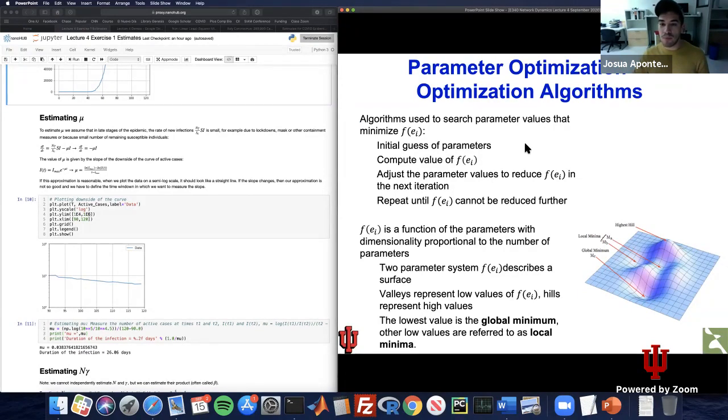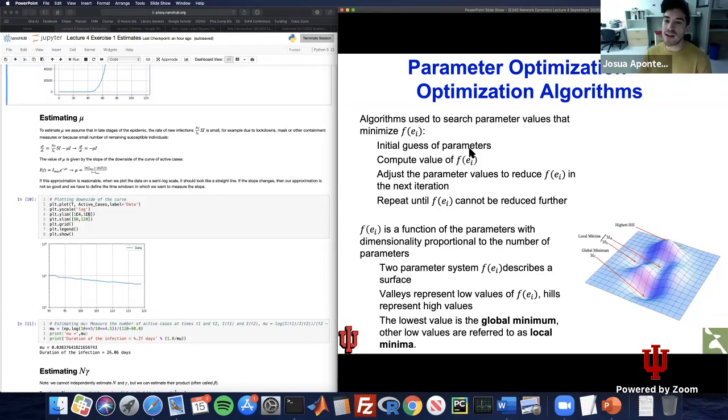So the way the optimization algorithm works is that you start with an initial guess of those parameters, and then it computes that objective function, the value of that objective function, and then adjusts the parameter values such that the objective function is reduced in the next iteration.